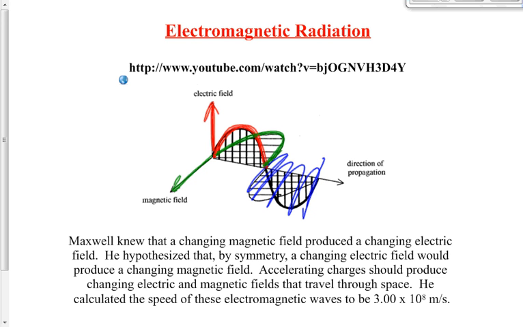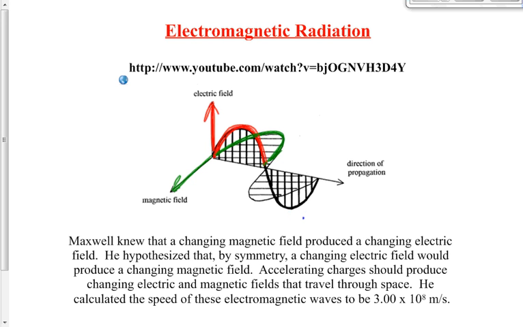Now, here's the really important part. Here's why we need the changing nature of it. An electric field, a magnetic field, that's great. But in order for an electric field to cause a magnetic field, and a magnetic field to cause an electric field, we have to have a changing electric and magnetic field. So what happens is this.